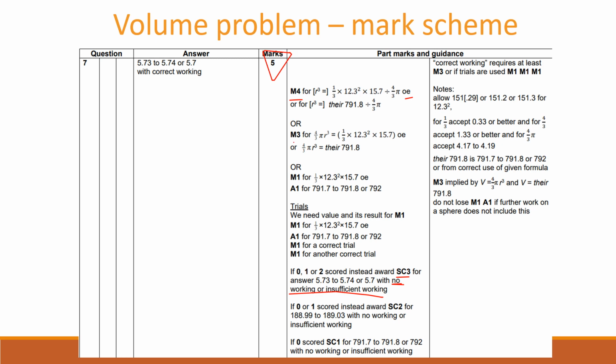Also 3 marks could have been awarded for working out 4/3 of pi r cubed was equivalent to the volume of the pyramid, or equivalent as we've shown earlier. There is 1 method mark just for working out the volume of the pyramid, and there is an answer mark for getting the 791 or rounded equivalent for the volume of that pyramid.